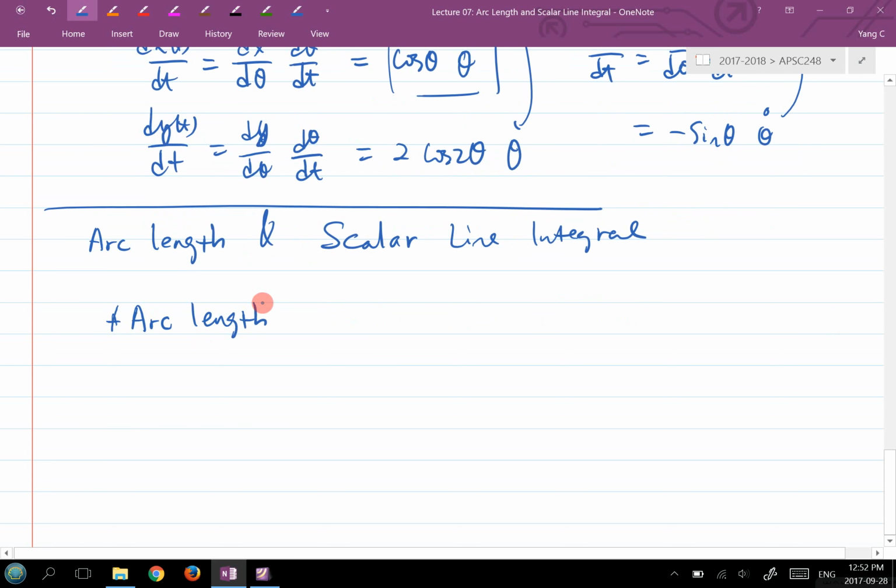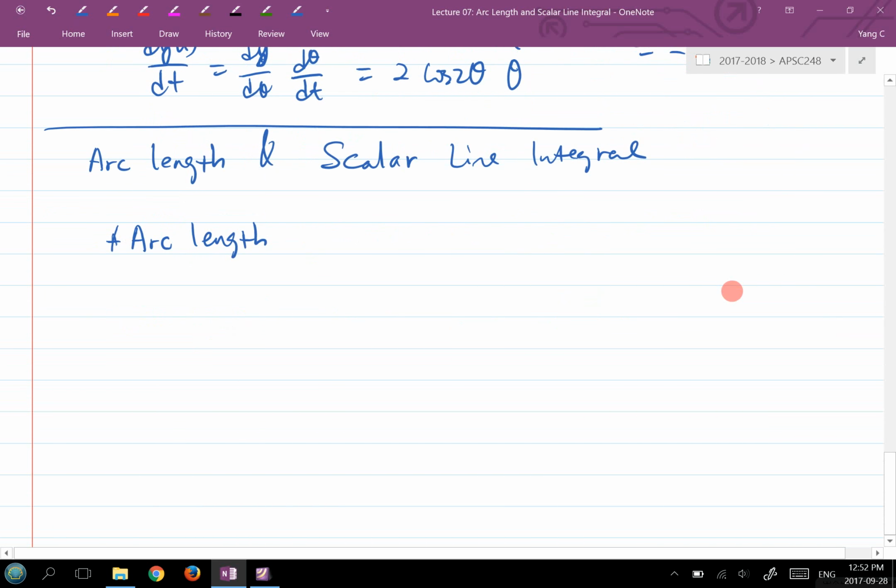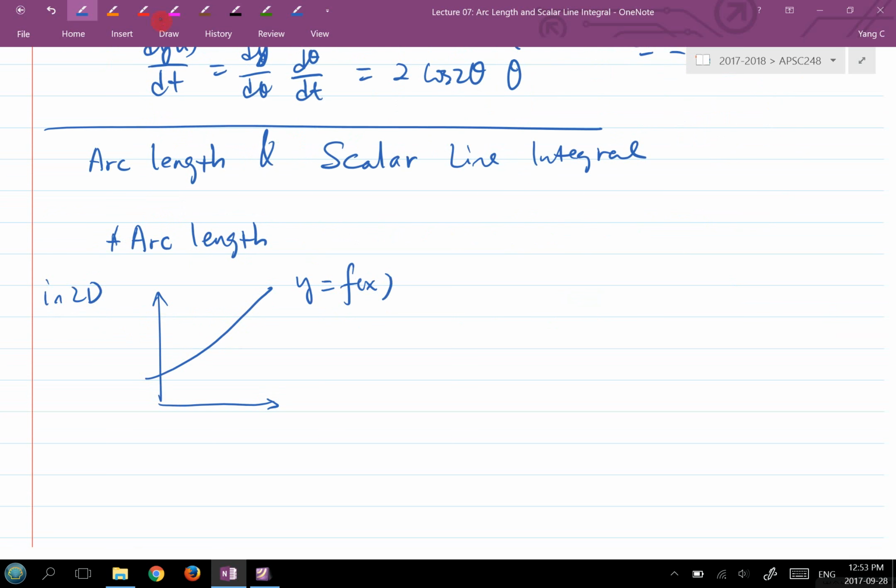Arc length. Maybe just a quick review first. In the two-dimensional case, suppose that you have a function y equals f of x. The question is, how do I calculate the arc length, for example, from here to here?